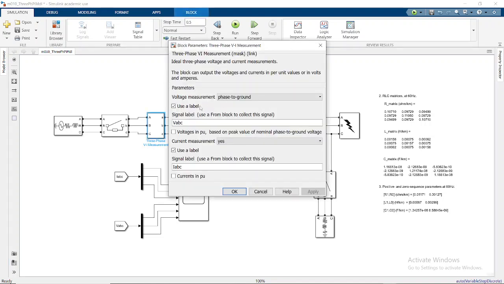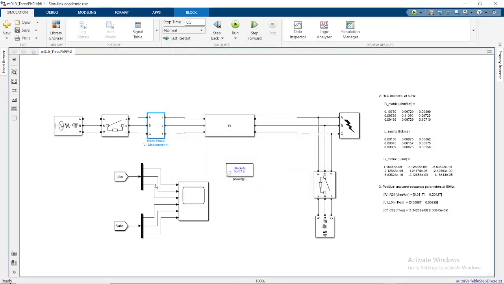Here I have selected phase to ground voltage, and I have clicked use ABC label. Similarly it is measuring the current, and I have clicked use label. The labels are VABC and IABC.